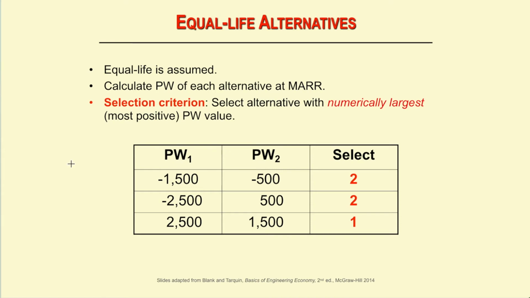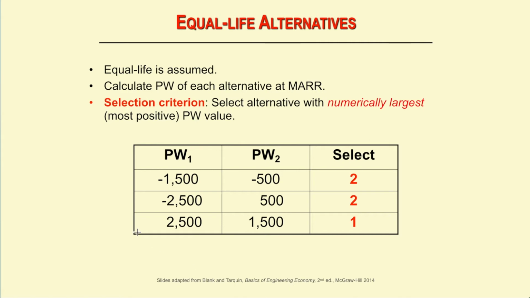Another way of looking at this is that by choosing the second alternative, we lose less money, because its present worth value is just minus $500 compared to negative $1,500 for the first alternative.